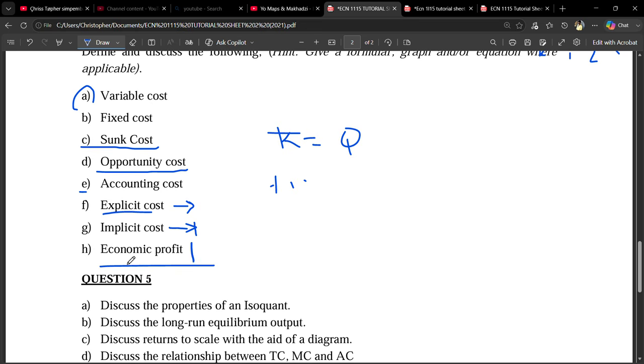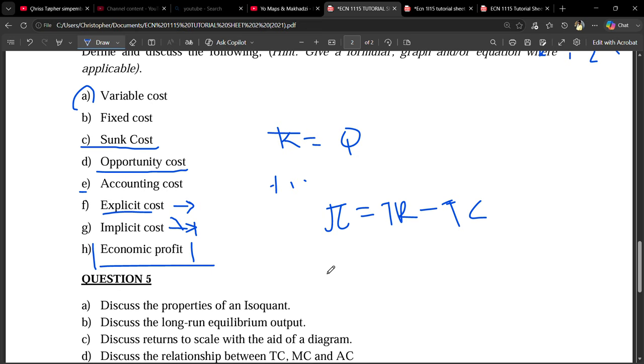Economic profits are just profits that a firm would get. We know that profit is given by total revenue minus total cost, right? But here remember that we have implicit costs and explicit costs.